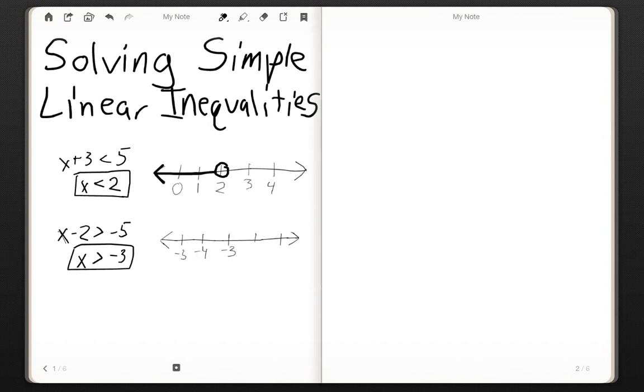Negative 4, negative 5, and negative 2, negative 1 in that direction. So now, x is greater than negative 3. So this never changes. Greater than is always going to the right, because the numbers are always greater on the right side. Okay.